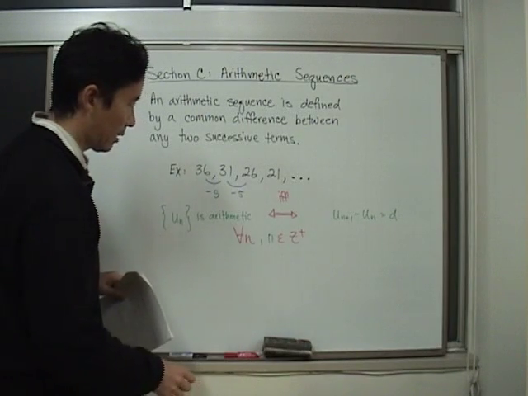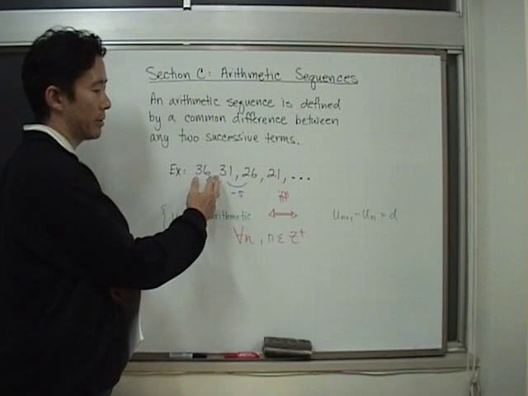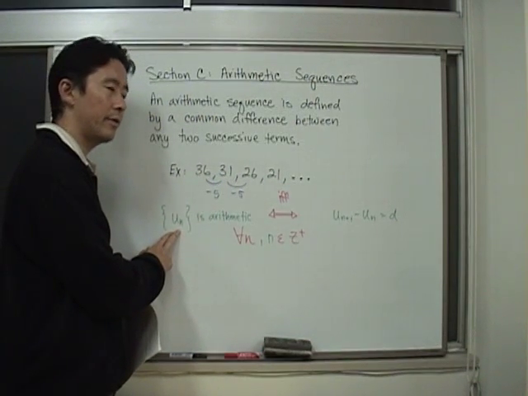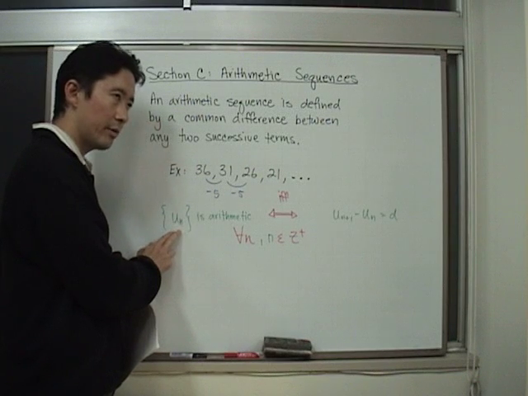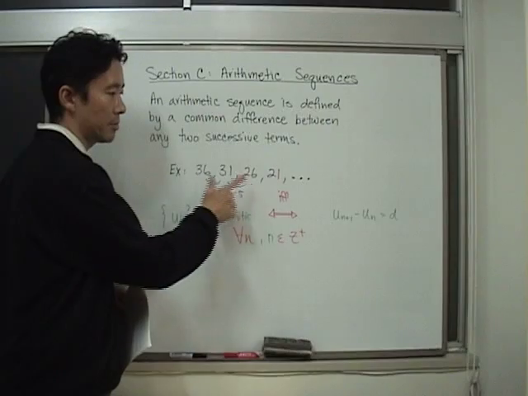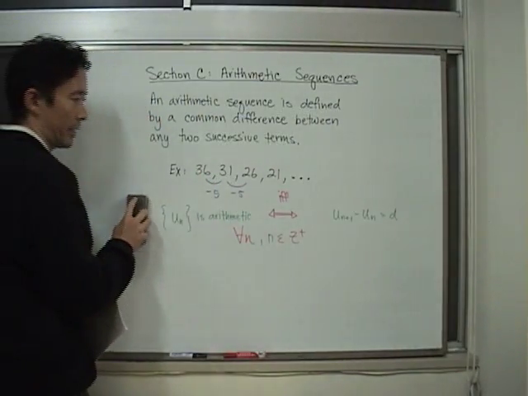Now, how do we actually go ahead and determine what the arithmetic sequence actually is? So remember before, in the previous section, you were given the sequence, you needed to find the terms. Say, for example, if you're given the terms, how do you find the sequence? Okay, so let's go ahead and take a look at that.